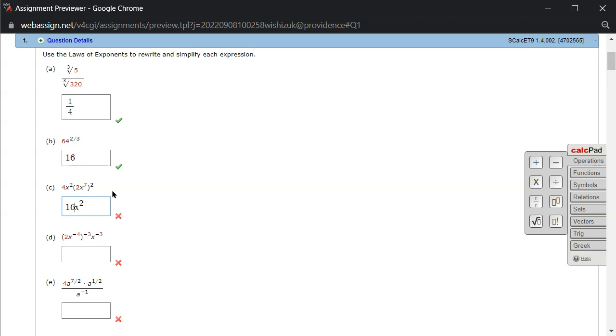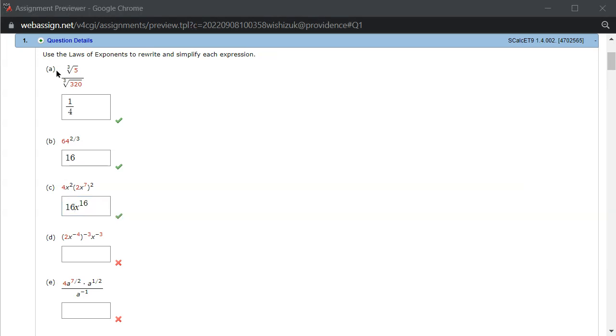Then you distribute the 2 to the x to the 7, so x to the 7 times 2 is the 14th power. Then we can combine x squared and x to the 14, so that's going to be x to the 16th power. Let's check the answer. It came back and it looks like we got part C correctly.